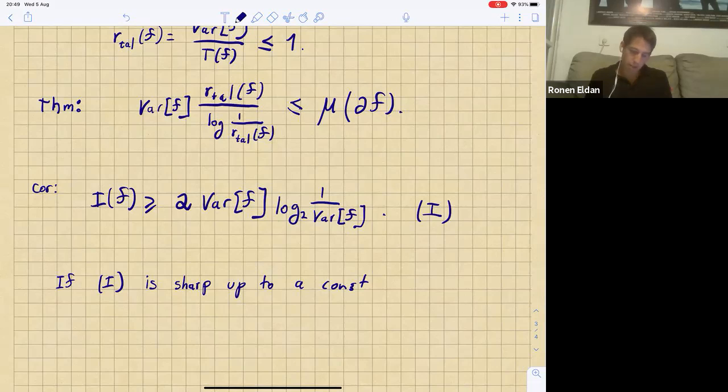in the sense that the measure of the inner vertex boundary, this is a bit stronger than the vertex boundary of f, is at least some constant times the measure of the set where f is equal to 1.